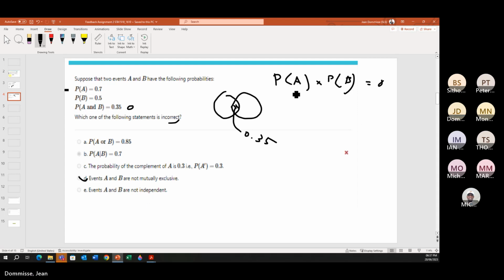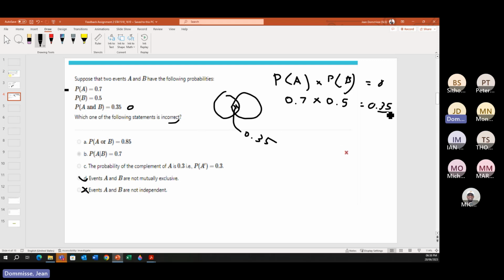So A and B, if we multiply that and we get the intersection, we know it is independent. So 0.7 times 0.5 is 0.35. So A and B are independent. They say to us it's not. Okay, so that's the incorrect one: events A and B are not independent.